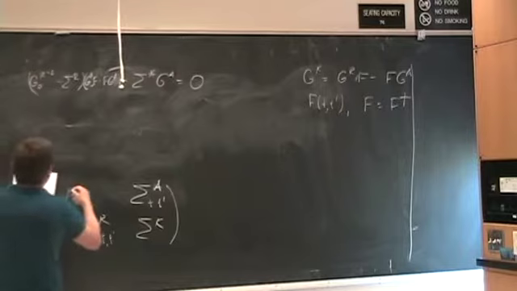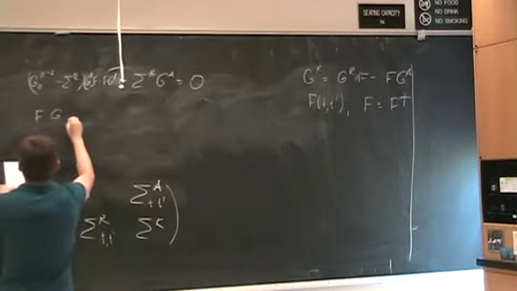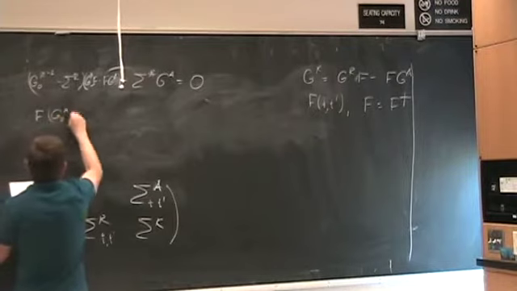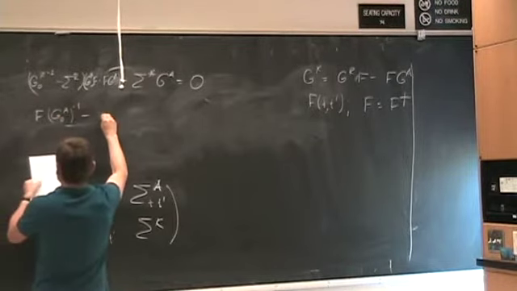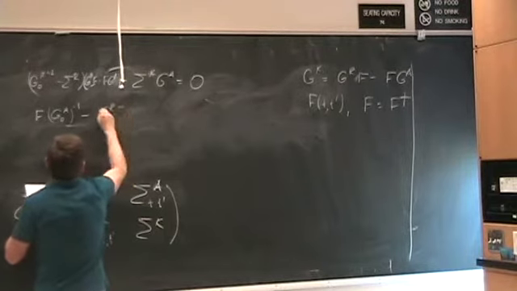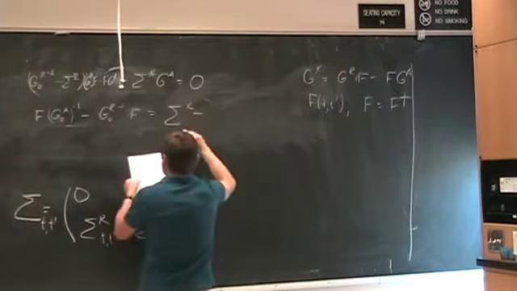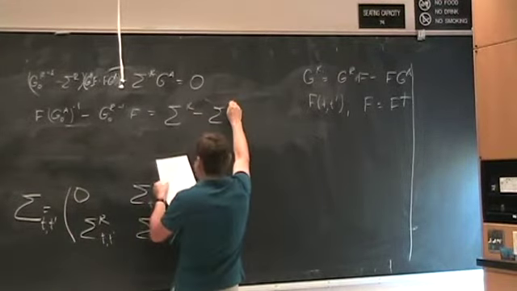Then with some completely trivial algebraic manipulation, we got that F G naught advanced minus 1 minus G R naught minus 1 F is equal to sigma K minus sigma.